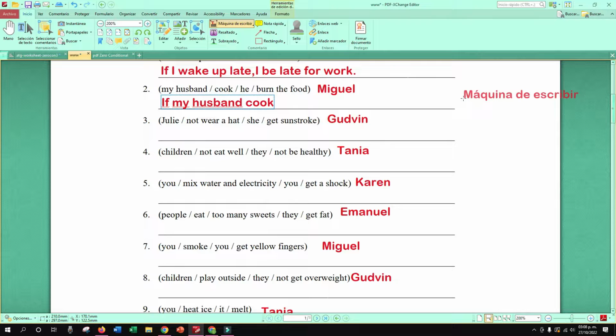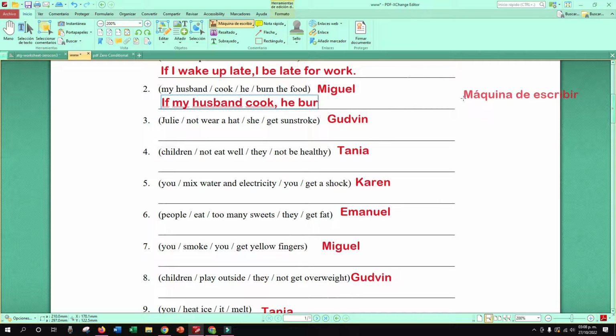Do we need the comma there, Mr. Miguel? Or no? Sin la coma después de cook. ¿Sin la coma? Sí. ¿Seguro? Sí, lo llevo después de cook. Ah, okay, nice. If my husband cook, he burn, right?